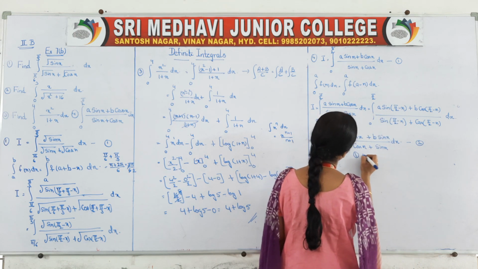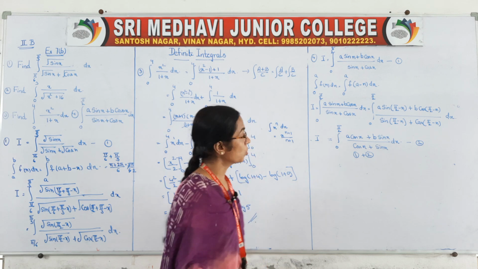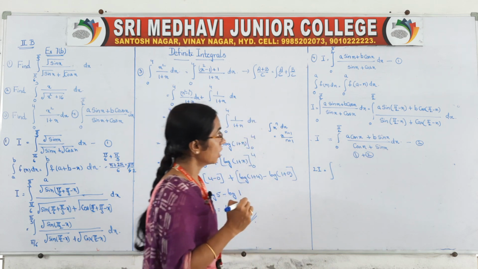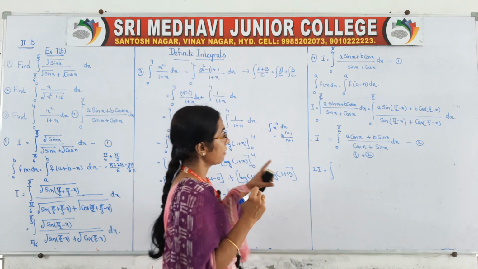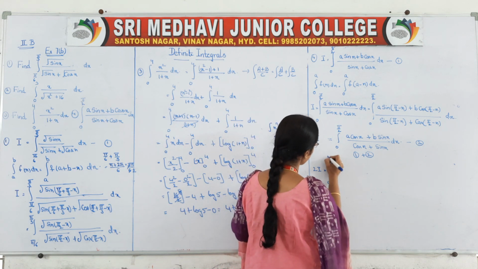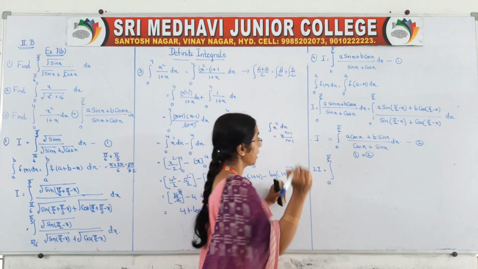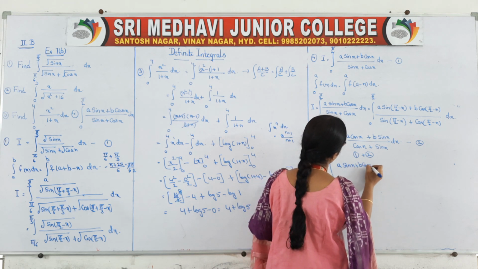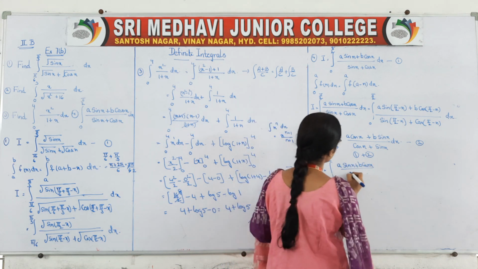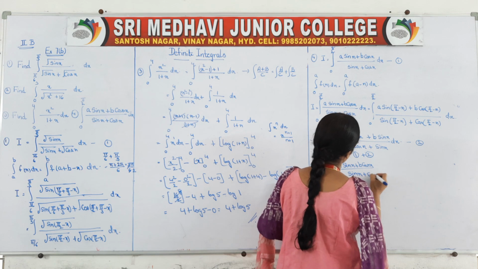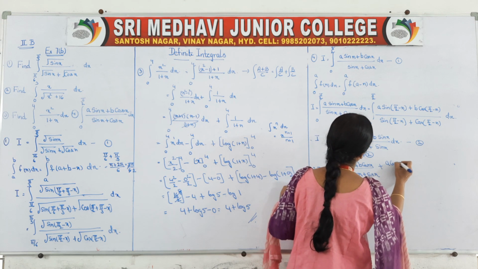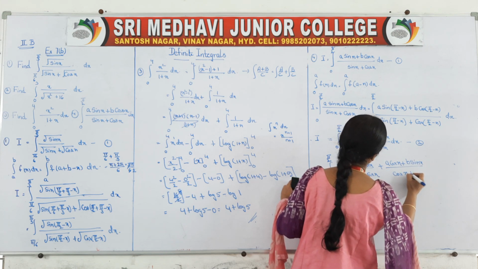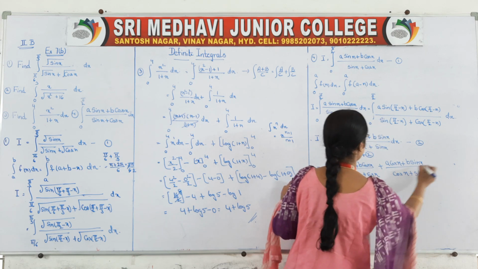Come on, what will be the next step? Adding 1 and 2. So I plus I is 2I, and observe the limits of both I, both are having the same limits. Whenever it is like that, we can write the values combined. So it is (a sin x plus b cos x) by (sin x plus cos x) plus (a cos x plus b sin x) by (cos x plus sin x) dx.